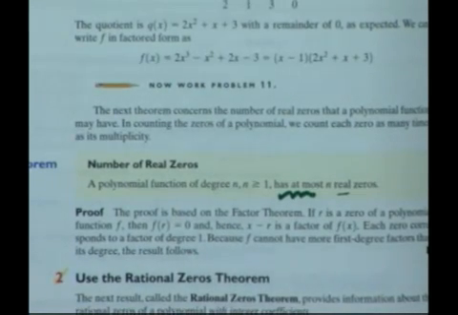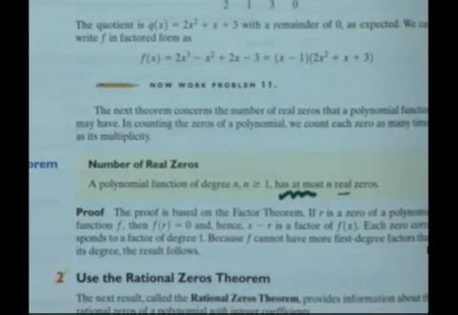So if I have a fifth degree polynomial function, how many zeros, real zeros, x-intercepts, might I have? 5 or 4 or 3 or 2 or 1. Can I have 0 x-intercepts as a fifth degree?